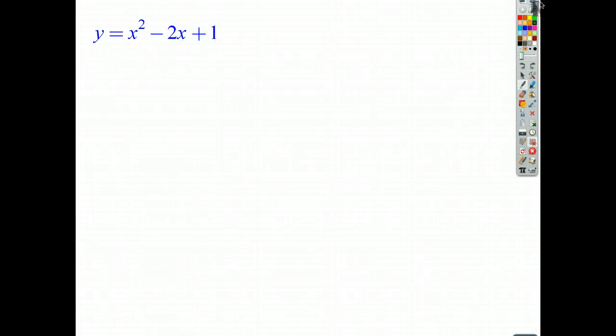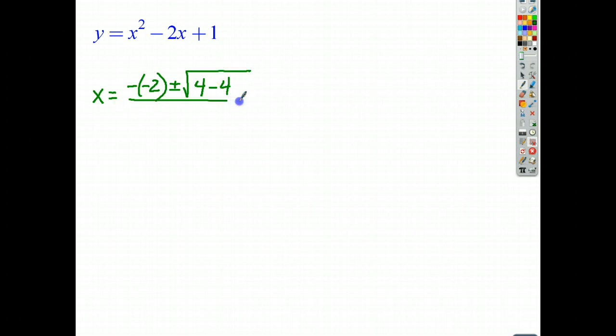We've got y equals x squared minus 2x plus 1, and we'll work the quadratic equation again. So x is equal to negative negative 2, so 2, plus or minus the square root of b squared, 2 squared, which is 4, minus 4 times 1 times 1, so 4, all over 2 times 1, so 2.